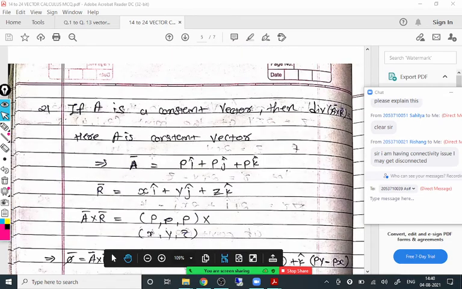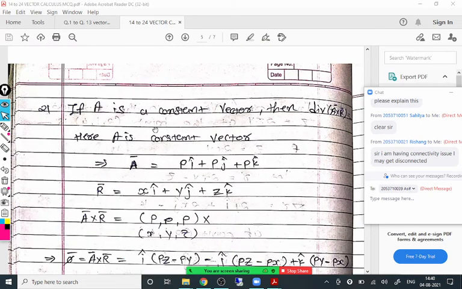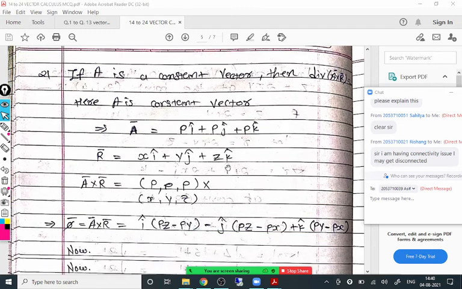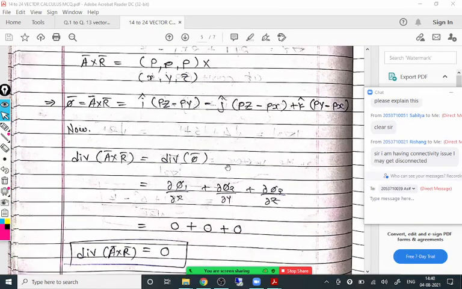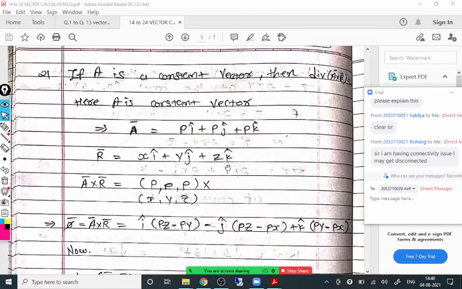Good. Question 21. If A is a constant vector, then find the divergence of A bar cross R bar. A bar is a constant vector, R bar is the position vector. He proceeded with step-by-step calculation. First he calculated A bar cross R bar, taking A bar as P i plus P j plus P k.